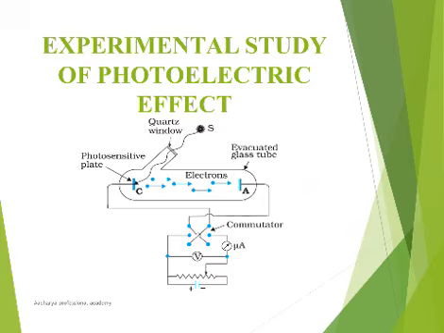The next one is the variable potential supply. Here a battery with a rheostat, or a variable voltage source, is connected between the cathode and the anode.